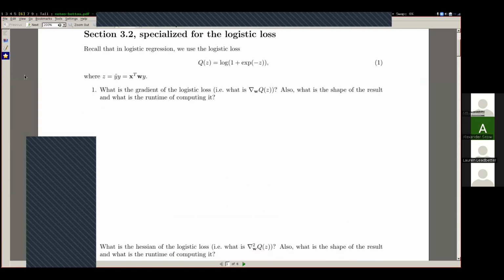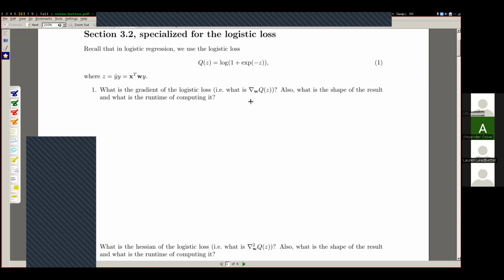So for the logistic loss, which we defined on the previous set of notes, the linear model notes, the logistic loss looks something like this, with Z equal to y hat y, x transpose w y. And the first question here is, what is the gradient of the logistic loss? In this class, I'm never going to force you to do this calculus by hand.